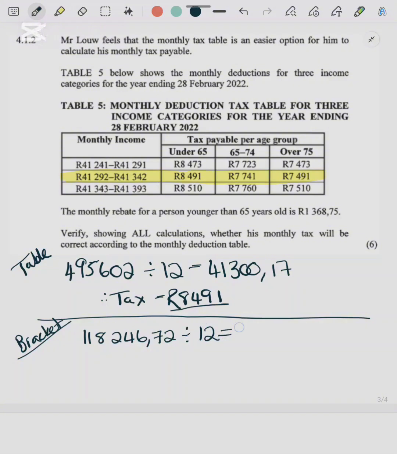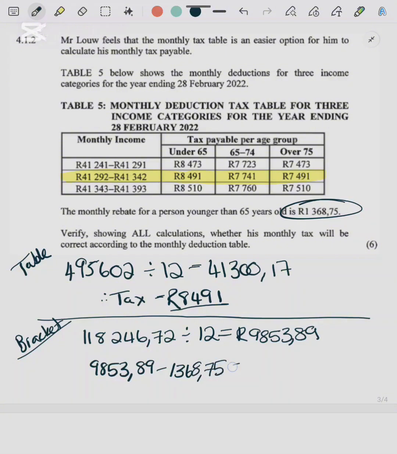What was it monthly? Gives us 9853.89. Then we need to take off the rebate, and that's why they gave us here that the rebate was so much. So we're going to say 9853.89 minus the 1368.75, and I get to 8485.14.